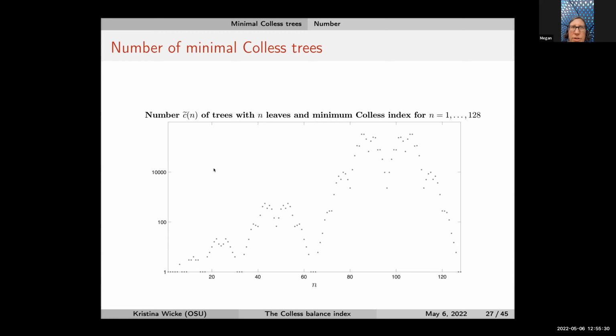So Kristina, you gave the characterization in terms of these very technical equations, right? And then you showed us the 2 different classes. I was just wondering, do you know what proportion of the total number of minimal Colless trees the 2 extremal classes you showed us cover?